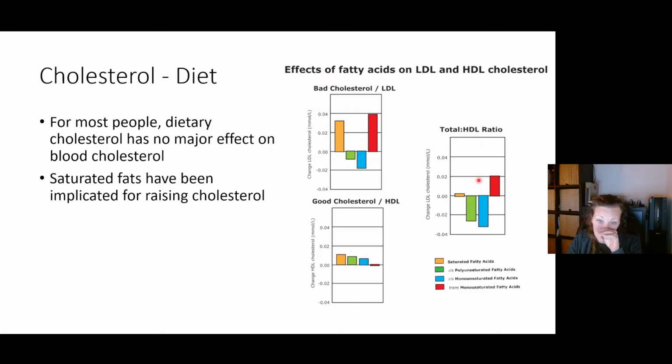The monounsaturated and polyunsaturated lower that ratio, meaning that for every amount of HDL, there is less LDL. And then the trans fats increase that ratio. So the biggest takeaway on this is trans fats are bad for you. And we know that, and that's why it's been mostly taken out of the diet.